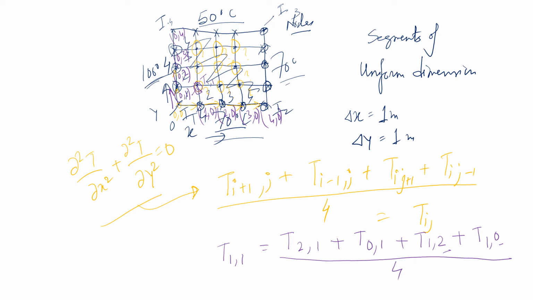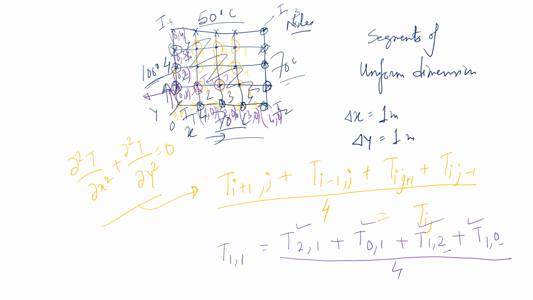So now let us see which temperatures we know among these 4 temperatures. Let us see the temperature at T21. T21 means this point. This temperature we do not know, unknown. And T01 we know. This is the edge point, at the edge which is at 100 degrees centigrade temperature.